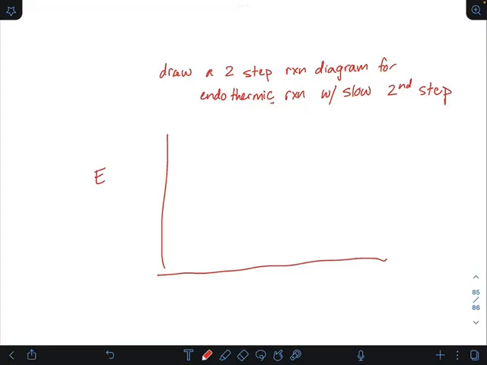First thing we know is that if it's endothermic, the net change has to be uphill. So I'm going to draw my products at a higher energy than my reactants. This is 2 steps, so it's going to have 2 peaks. And if it has a slow second step, it's going to have a large second activation energy.